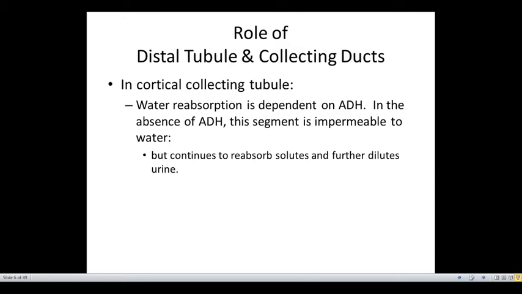In cortical collecting tubule, water reabsorption is dependent on antidiuretic hormone. In the absence of antidiuretic hormone, this segment is impermeable to water but continues to reabsorb solutes and further dilutes the urine.